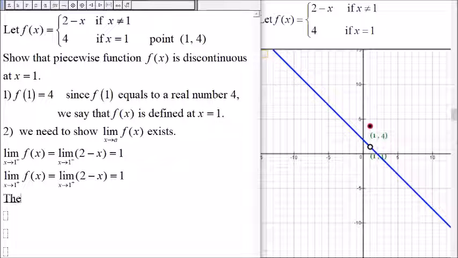And therefore the limit at 1 is equal to 1.